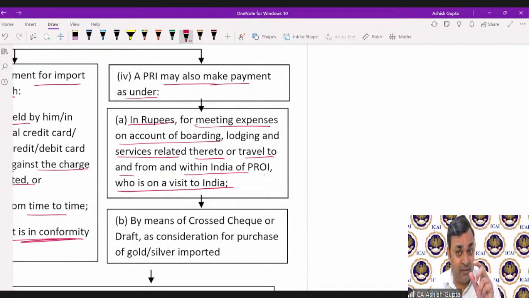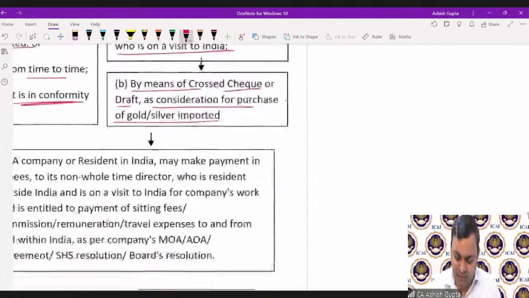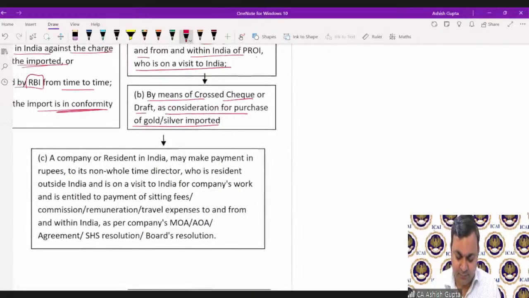So for the expenses you need to meet out, you need to make an arrangement in a particular place for the person for stay and for fooding and lodging, so that should be taken care of. By means of cross-check, draft as consideration for purchase of goods and silver imported.